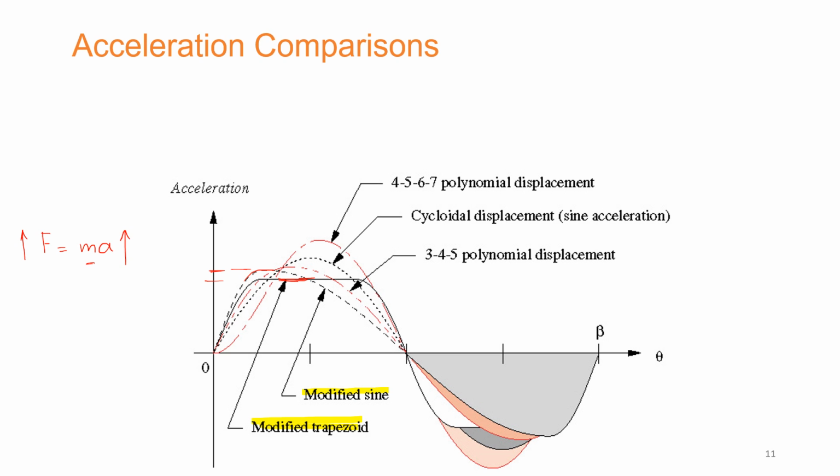And similarly, a close by candidate can be the 3, 4, 5 polynomial right over here, which goes somewhere over here, very close to the modified sine acceleration. So with this realization, I can readily see that acceleration should not be that big a number. And in this context, modified trapezoid, modified sine, and 3, 4, 5 polynomial give us better acceleration values.